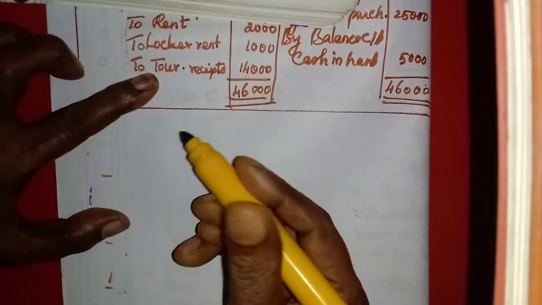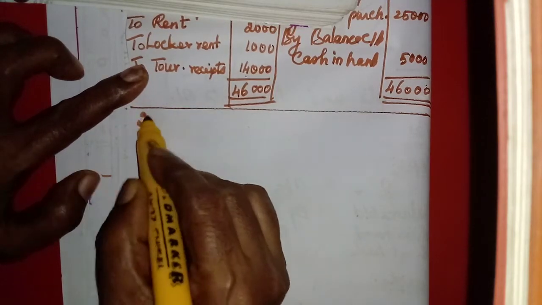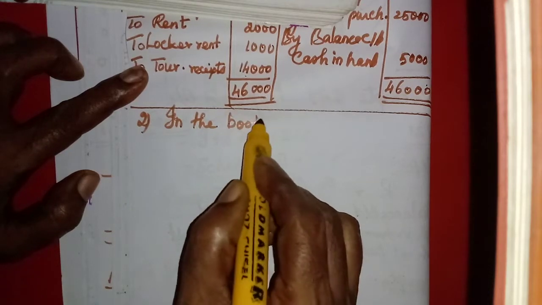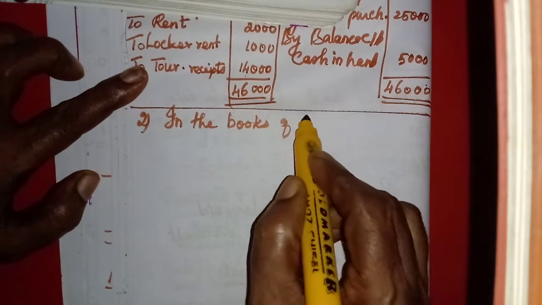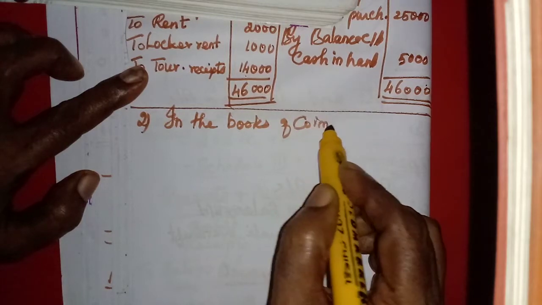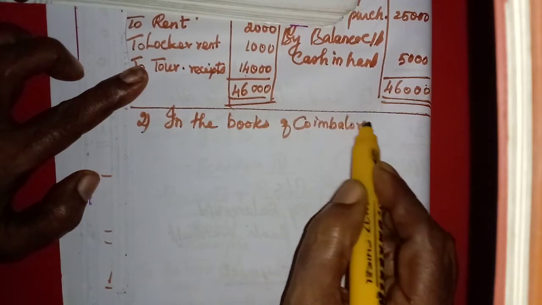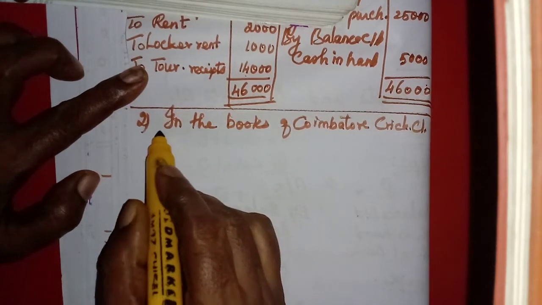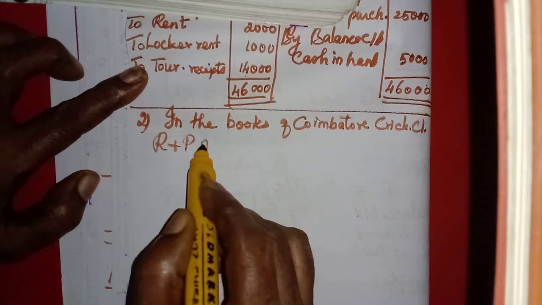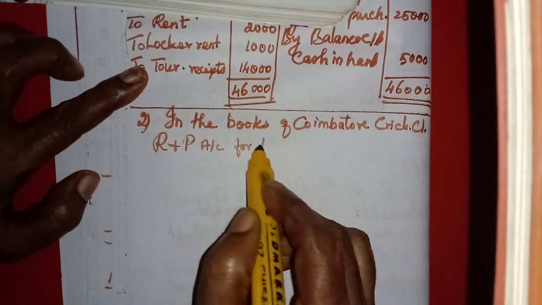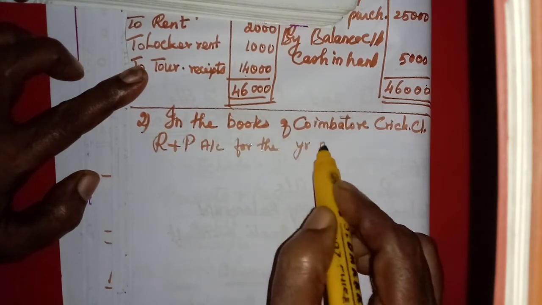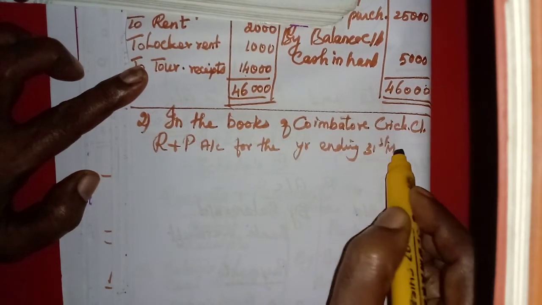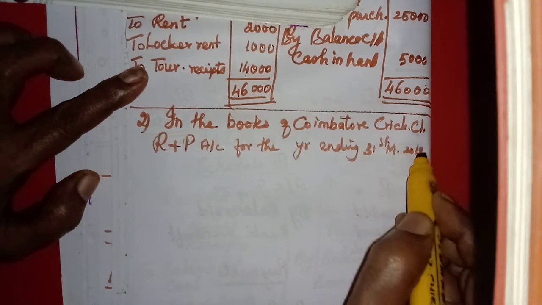Number 2. In the books of Coimbatore Cricket Club. Then receipts and payments account. You have to write fully. Then for the year ending, fully you should write 31st March 2019.